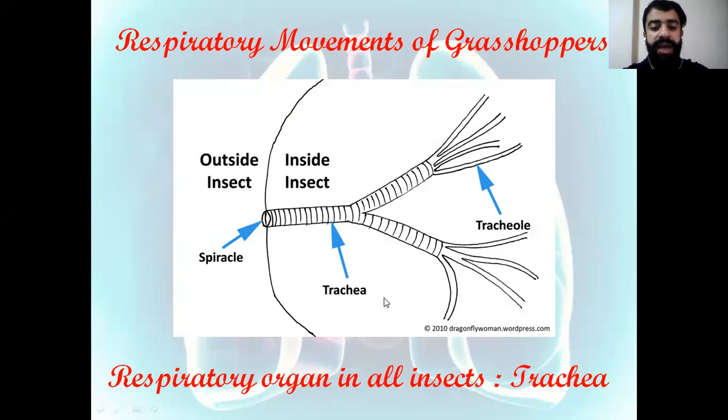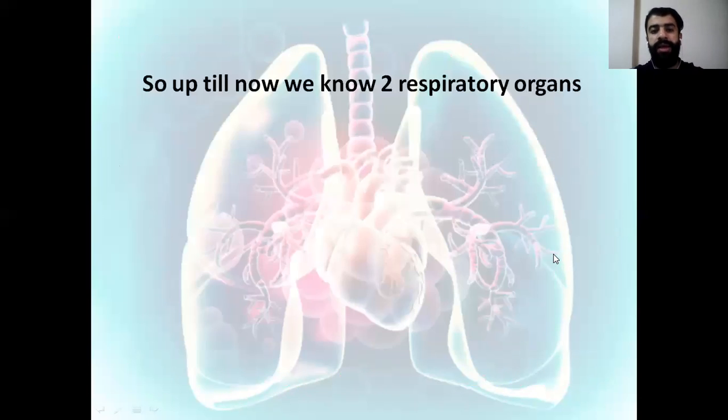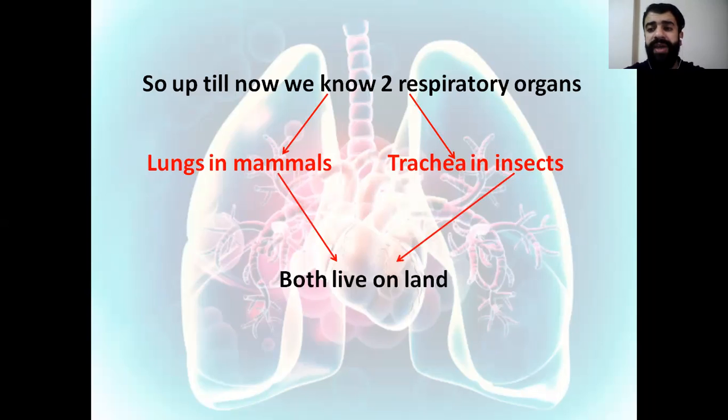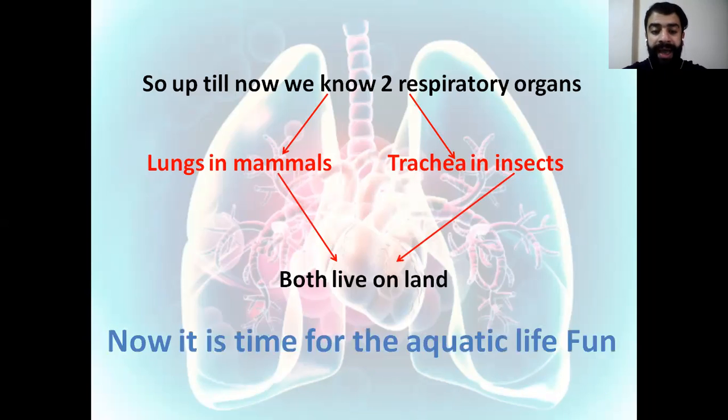The air is then distributed through small branches of the trachea called tracheoles. So now we have two respiratory organs: the lungs in mammals, and the trachea in insects. Both of them live on land.